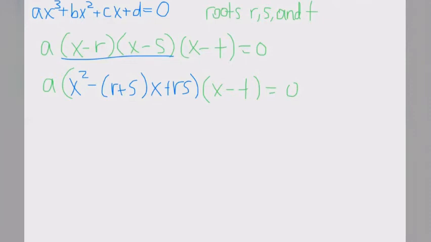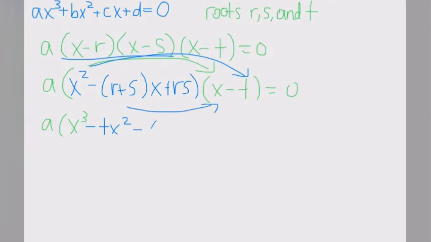So now let's expand. A times, this is just going to be x cubed, and then this will be minus tx squared. Then this part will be minus (r plus s)x squared.